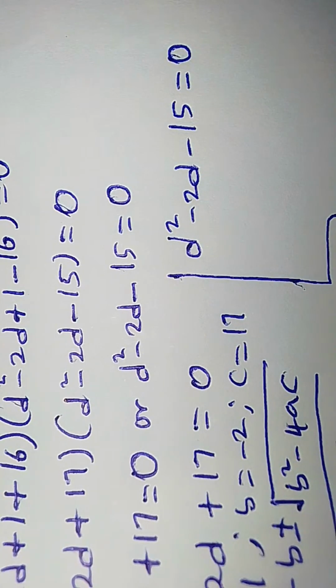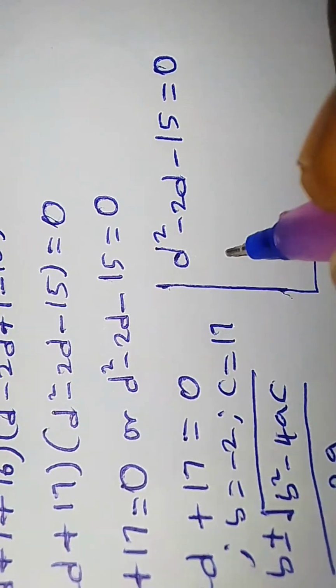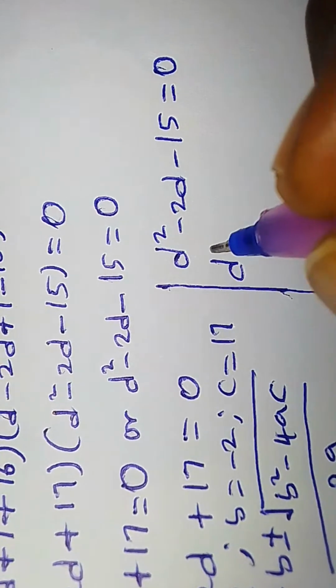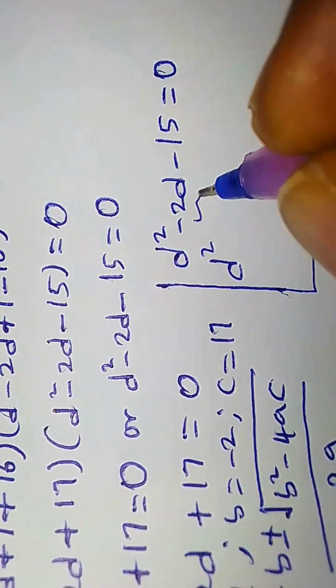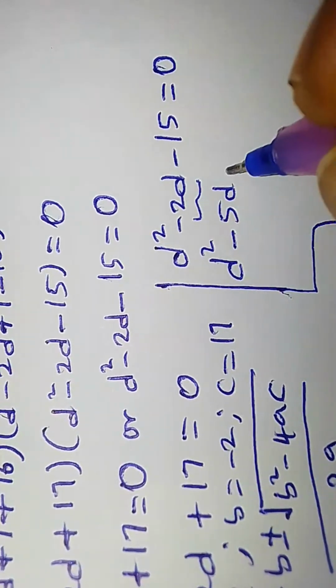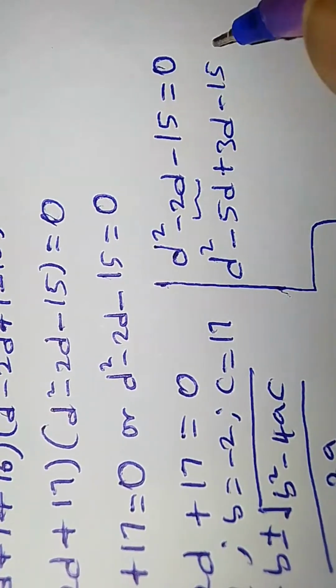If you look at this quadratic equation very well, you will notice that it is factorizable. So let's factorize it. That will be d^2 - 5d + 3d - 15 equal to 0.